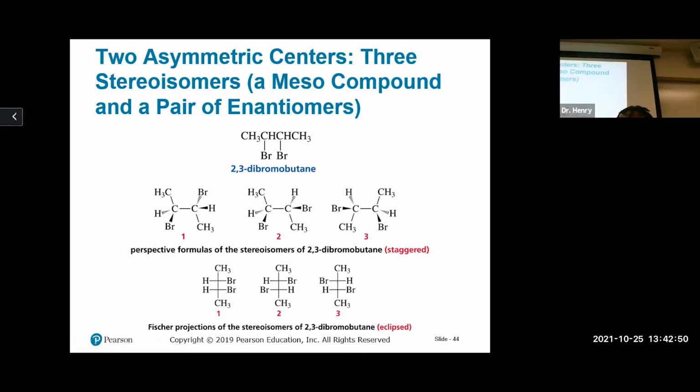If I flip this guy, it's going to look exactly like it does already, right? But they're never going to be exactly alike. Where these guys, if I flip it, it's going to be exactly the same compound, right? If I put my bromine on the other side and flip it, I get the exact same compound. Does that make sense?